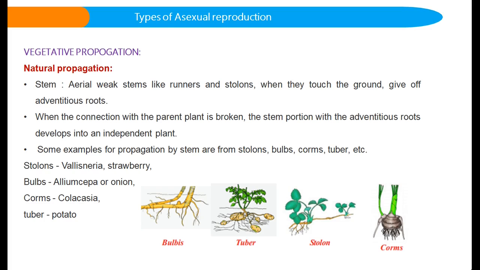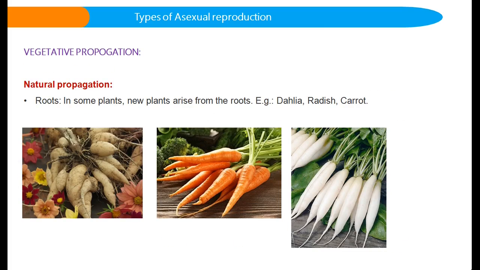Some examples of vegetative propagation by stem are stolons, bulbs, corms, tubers, etc. Vallisneria and strawberry are examples of stolon, whereas Allium cepa, that is onion or garlic, are examples for bulbs, colocasia is the example for corm, and potato is the example for tubers.